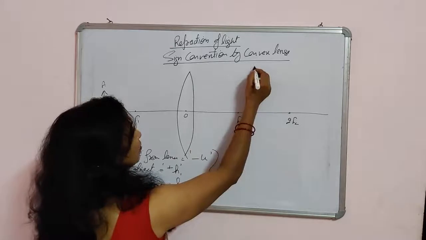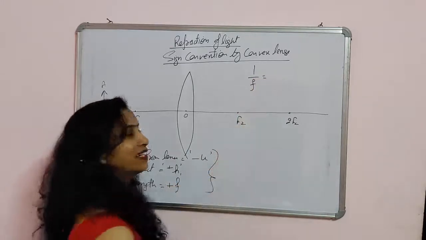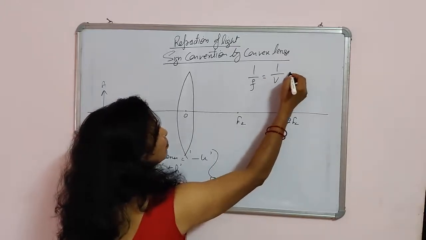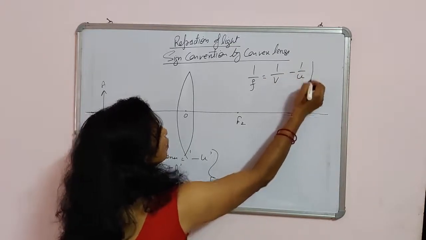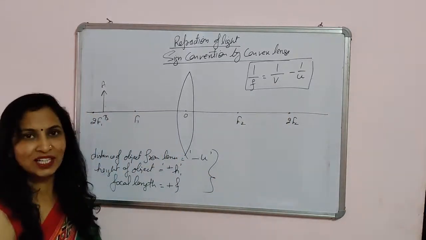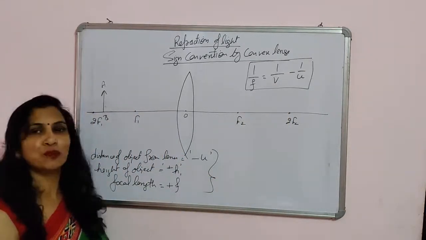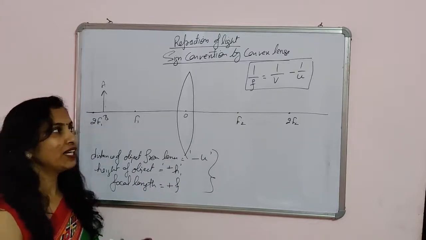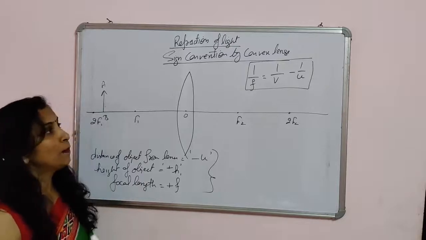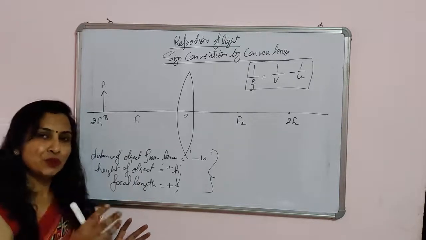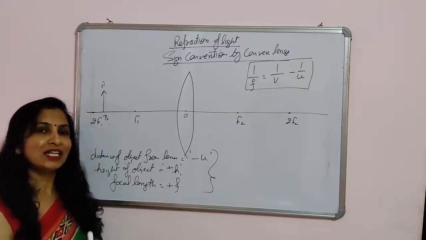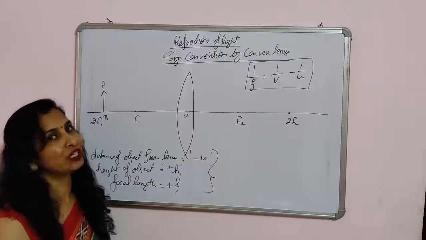Okay, what is the lens formula? I should tell you that the lens formula is 1 upon f is equal to 1 upon v minus 1 upon u. This is the lens formula. And suppose we know the value of the focal length, and we know the distance of the object from the lens, then we can easily use this formula for finding the distance of the image. Now, by seeing the sign of the v, that is the distance of the image, we can say whether the image will be real or virtual.